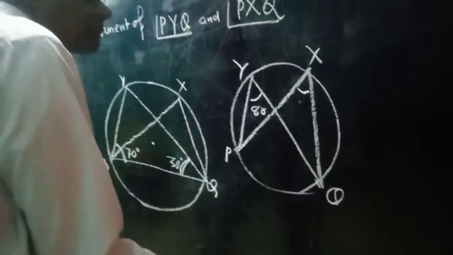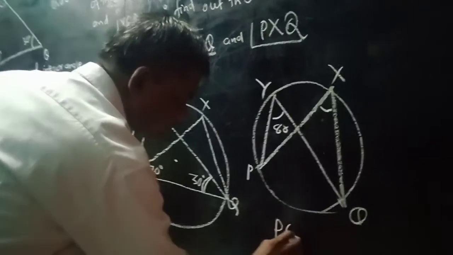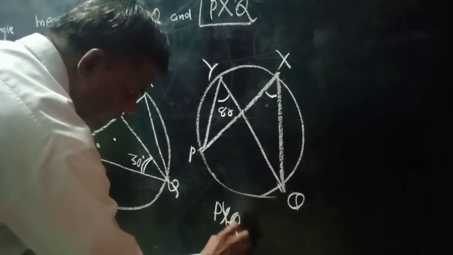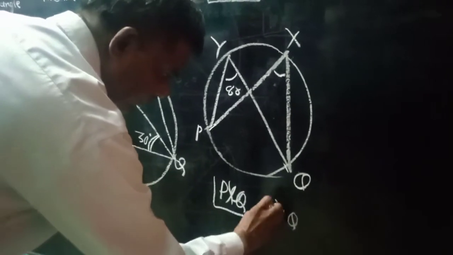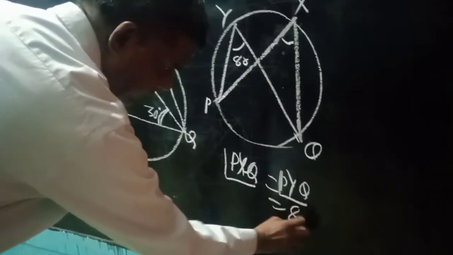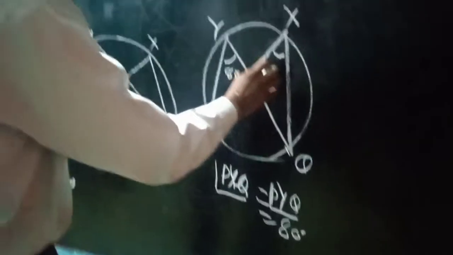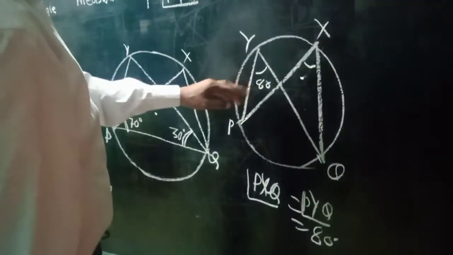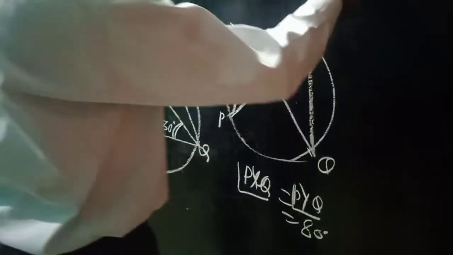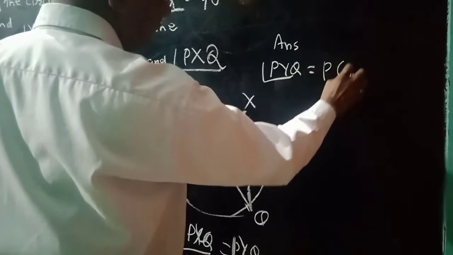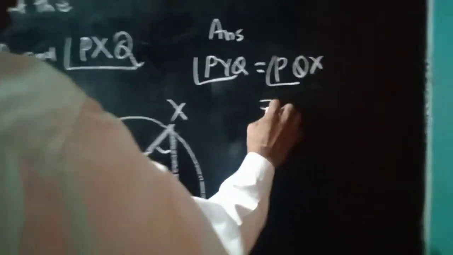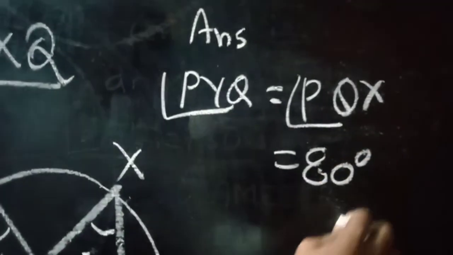So by using the property that the same arc subtends equal angles, angle PXQ is equal to angle PYQ, which is 80 degrees. So the answer of both unknown angles, PYQ and PXQ, is 80 degrees. This is the answer of this question.